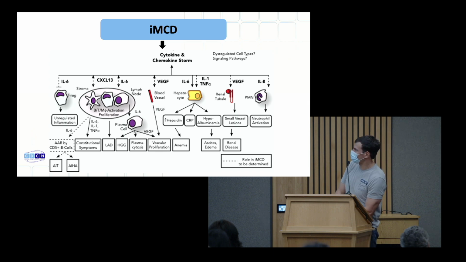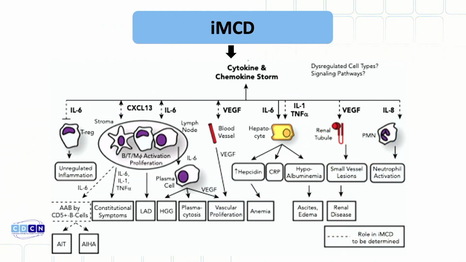And sort of the point of this slide, and sorry the resolution's not great, is to basically say that no matter what your subtype of iMCD is, it causes what's called a cytokine storm, where basically your immune system is doing all the bad stuff we were talking about this morning. The term cytokine is a word we use to describe proteins that your immune system releases to cause problems.